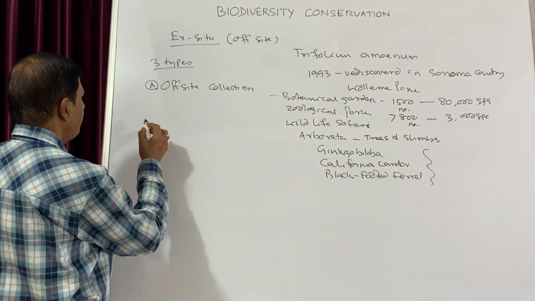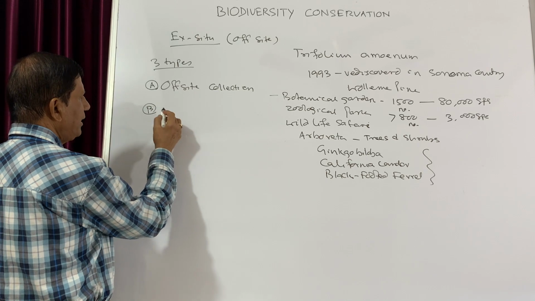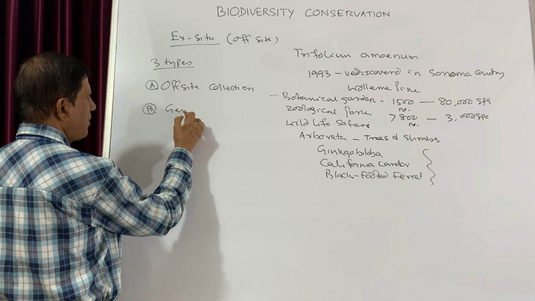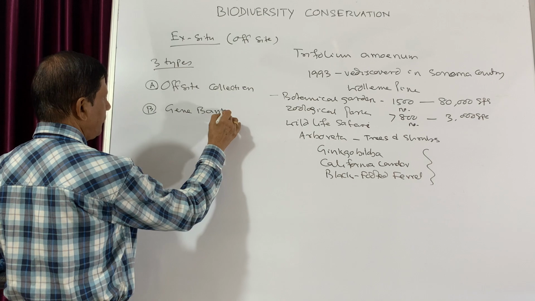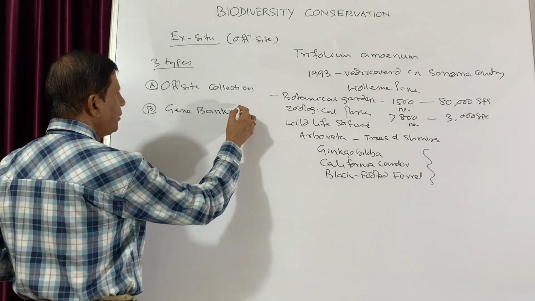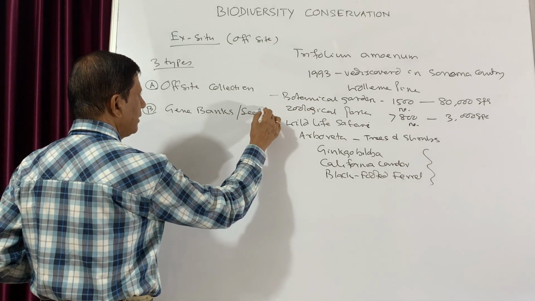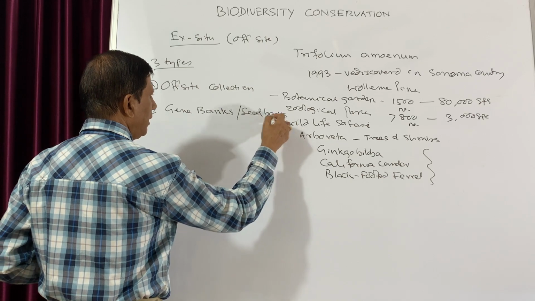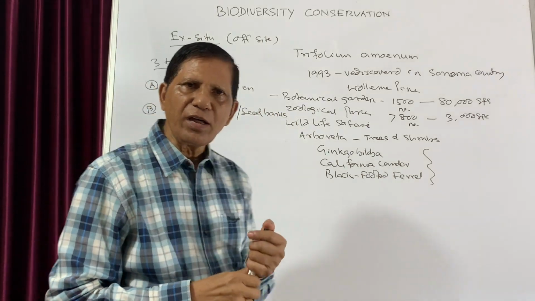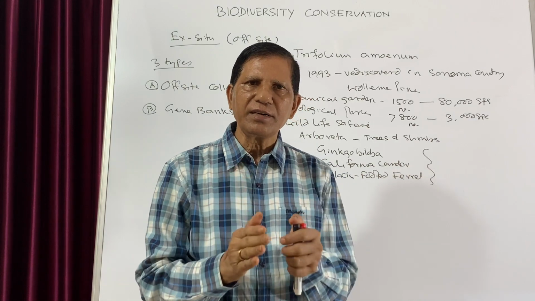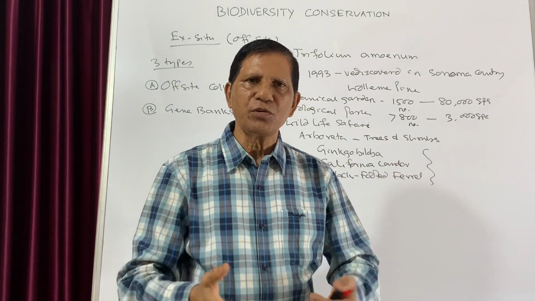Then the second one is gene banks. Gene banks can also be called seed banks. When we are conserving biodiversity, it is not only that the entire plant or animal is to be conserved.